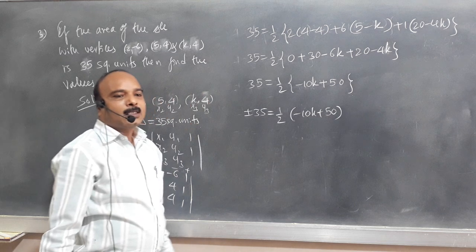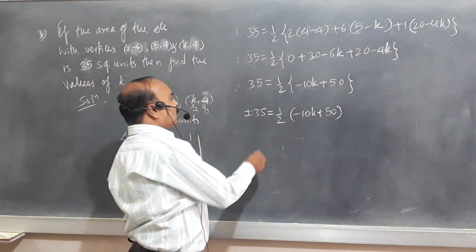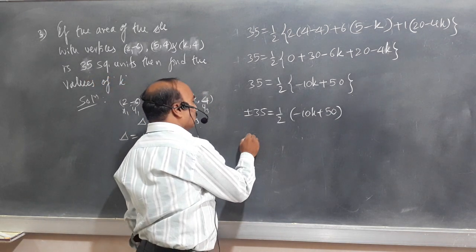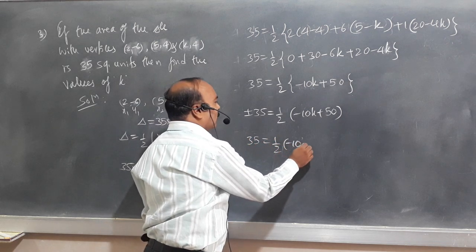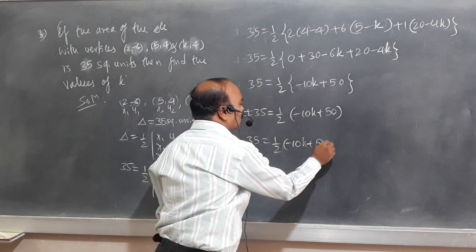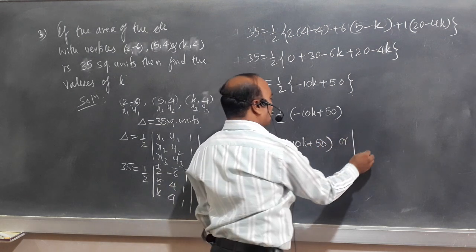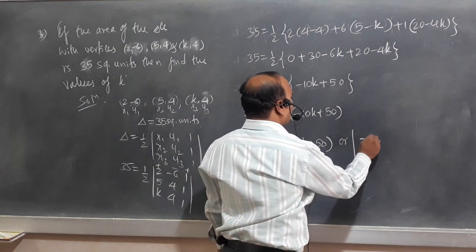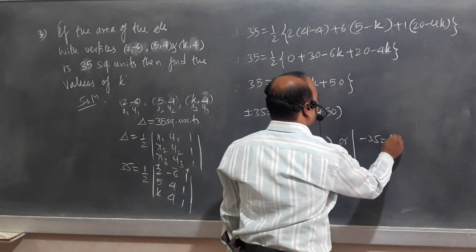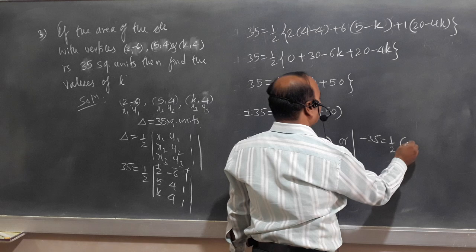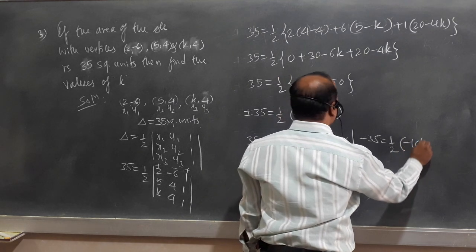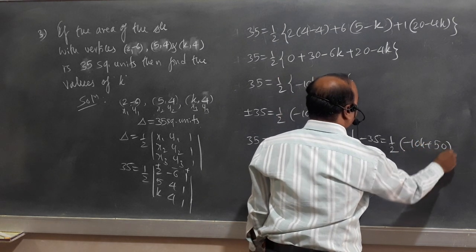Now first we take positive, next we take the negative sign. First I will take 35 equal to 1 by 2 into minus 10k plus 50, or second result, it is minus 35 equal to 1 by 2 times of minus 10k plus 50.